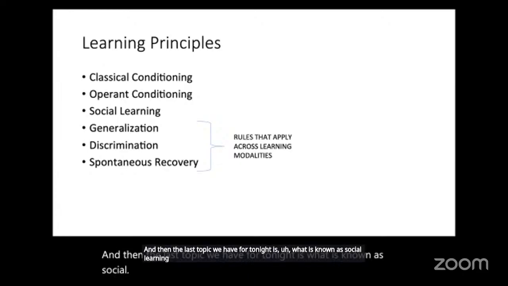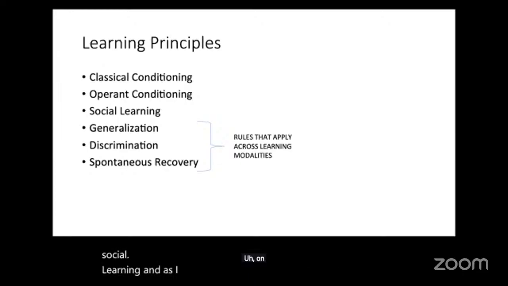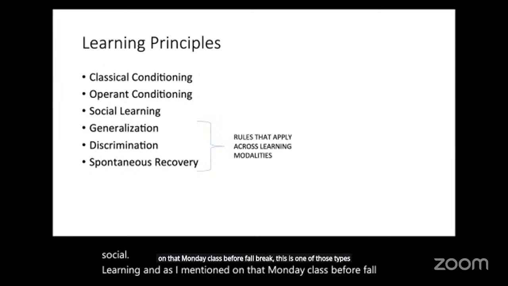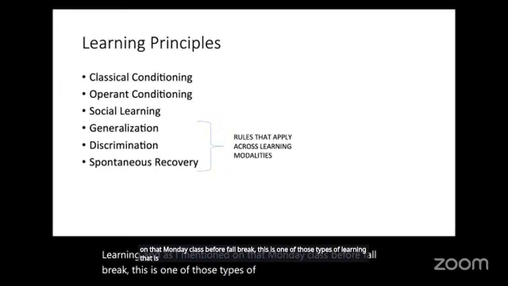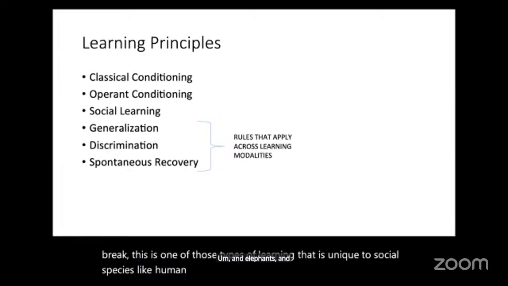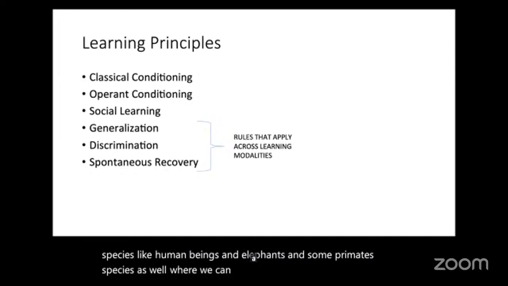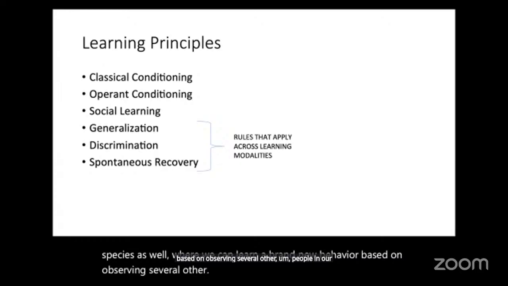As I mentioned on that Monday class before fall break, this is one of those types of learning that is unique to social species like human beings and elephants and some primate species as well, where we can learn a brand new behavior based on observing several other persons in our lives.